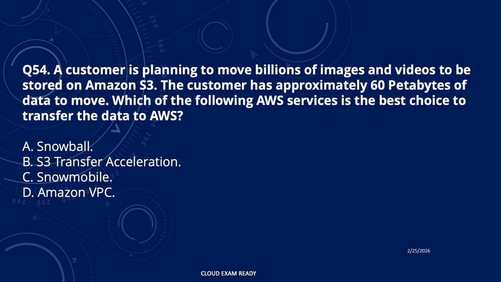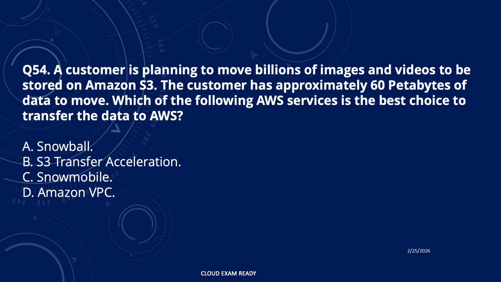Next, question number 54. A customer is planning to move billions of images and videos to be stored in Amazon S3. The customer has approximately 60 petabytes of data to move. Which of the following AWS services is the best choice to transfer the data to AWS?